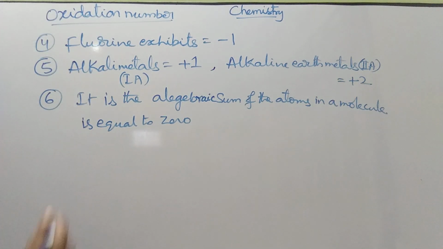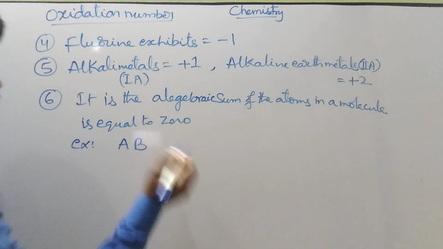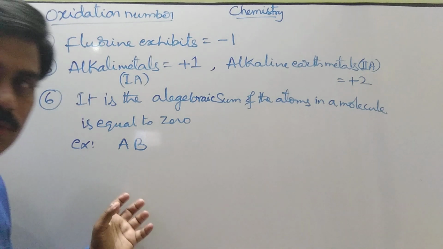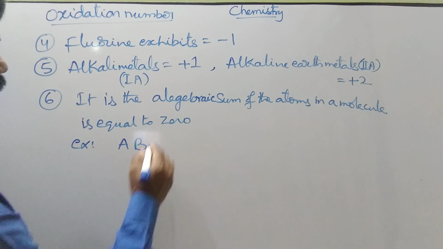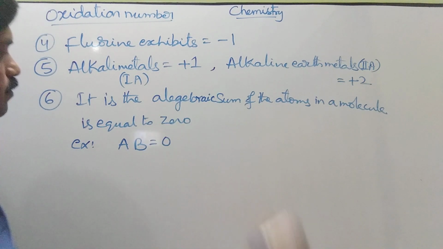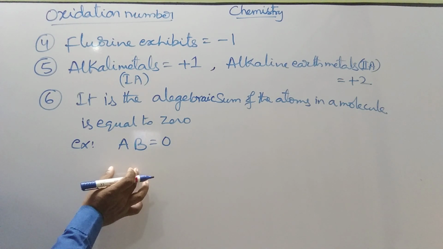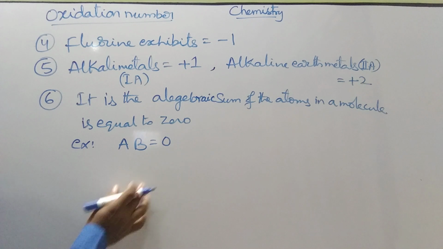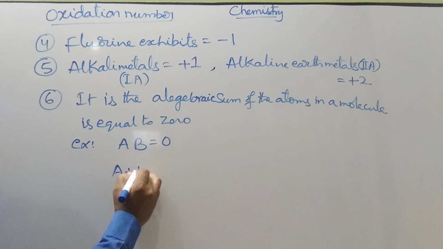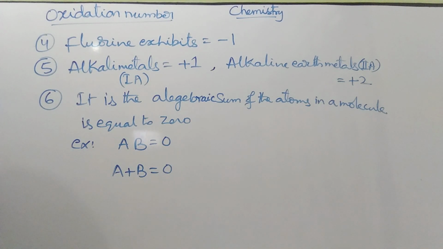It means, look at an example. Suppose we are taking AB. AB is a chemical compound. In this AB chemical compound, the sum of oxidation states is equal to 0. Suppose for these two elements A and B, we take A plus B is equal to 0.